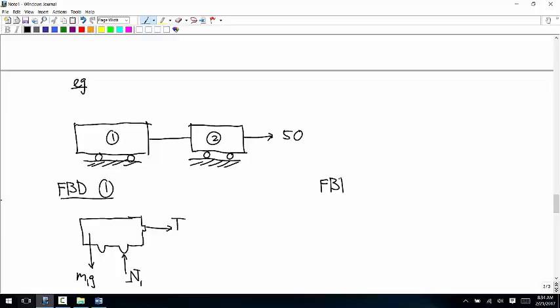And a free body diagram of cart 2. There's the weight of that cart, M2G, pushing contact from the ground, I'll call that N2.